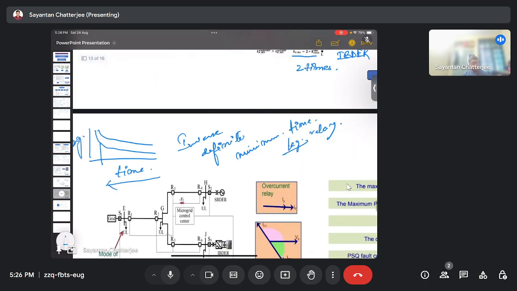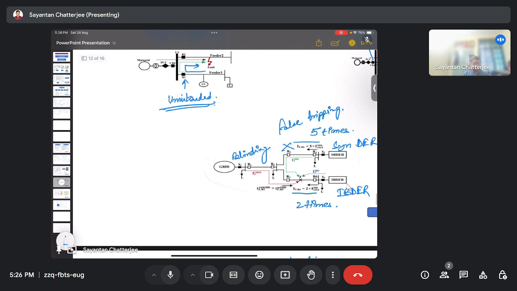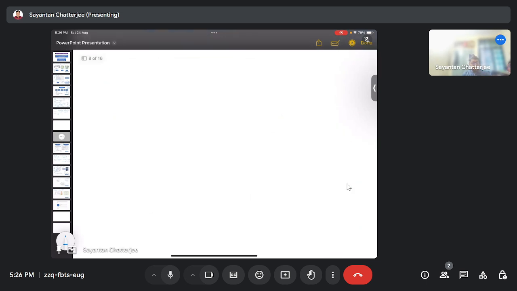I think you are all aware of these, since we have discussed previously that in the Indian context we have NLDC, then RLDC, then SLDC, then ALDC. We can also say sub LDC.